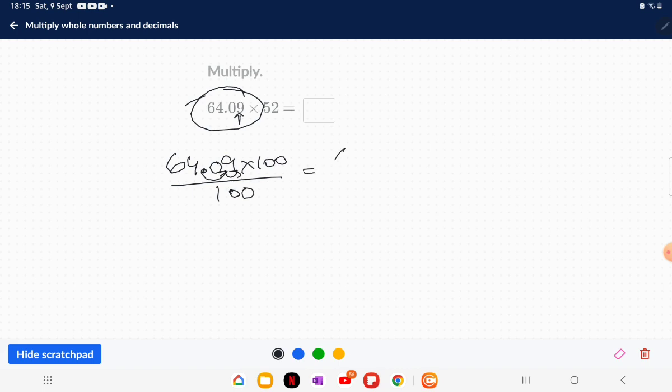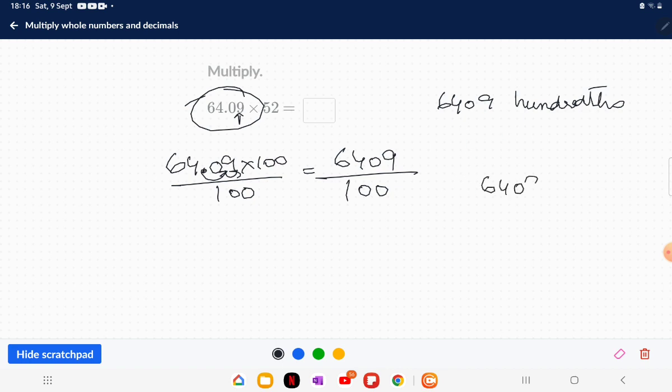So this becomes 6409 over 100. So 64.09 is the same as 6,409 hundredths. And now we need to multiply 6409 with 52.